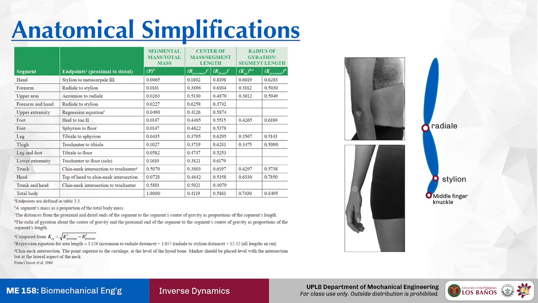So if it's the forearm, it's from the radiale, or let's just call it the elbow. Now for the radius of gyration, there is no distal measurement. This is just from the center of gravity of your segment, and then there's a proximal measurement.